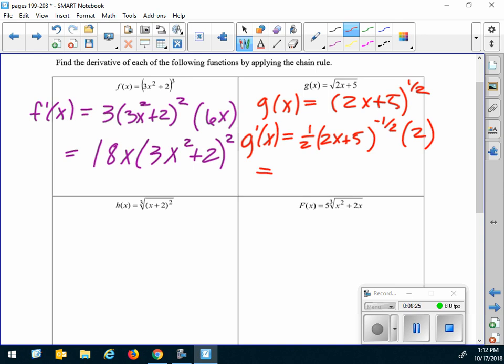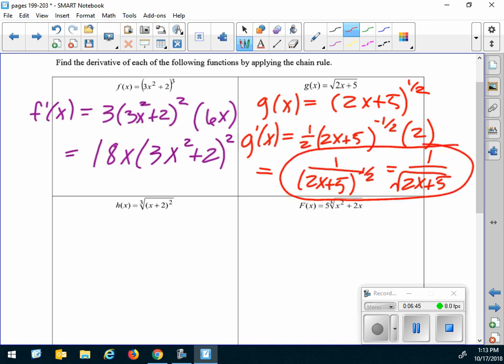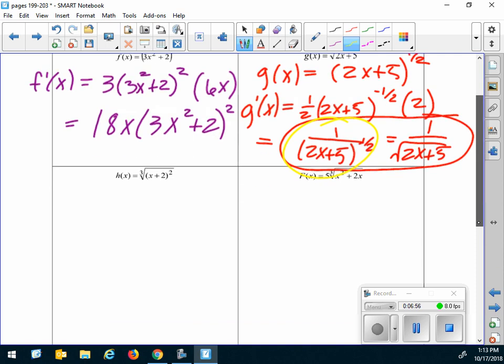Do not leave negative exponents. You can leave it like that, or either one, doesn't matter. Either one of those is fine. I am probably going to leave it right there.